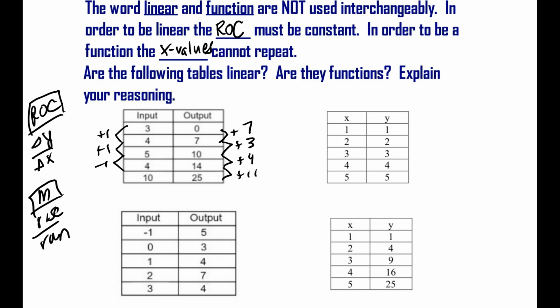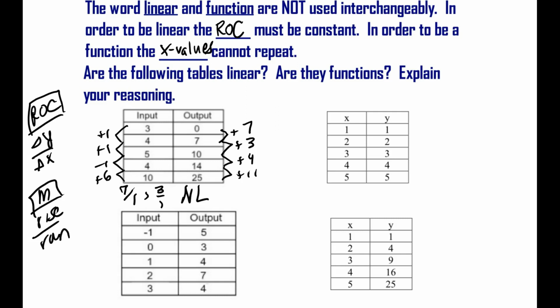Subtracting 1. And then 4 becomes 10 by adding 6. So let's talk about rate of change. So the rate of change would be 7 over 1 and then 3 over 1. There clearly it's not linear. So this is not linear.